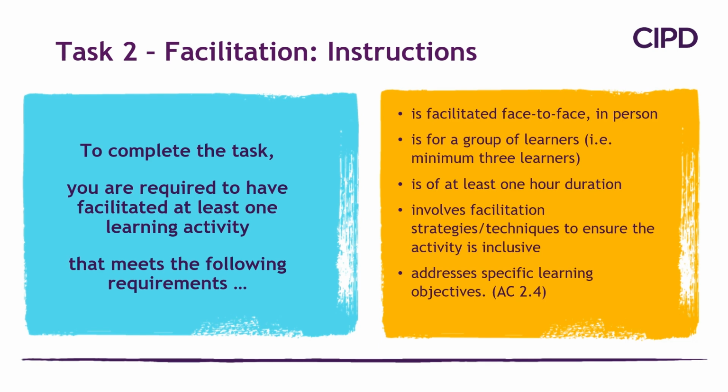It must be for a group of learners, i.e. 3 or more learners. It must, as stated, be for at least 1 hour duration, and it must involve some of those facilitation strategies or techniques that you would use to ensure the activity is inclusive. And of course, it must address specific learning objectives. It must have a purpose and address that purpose.